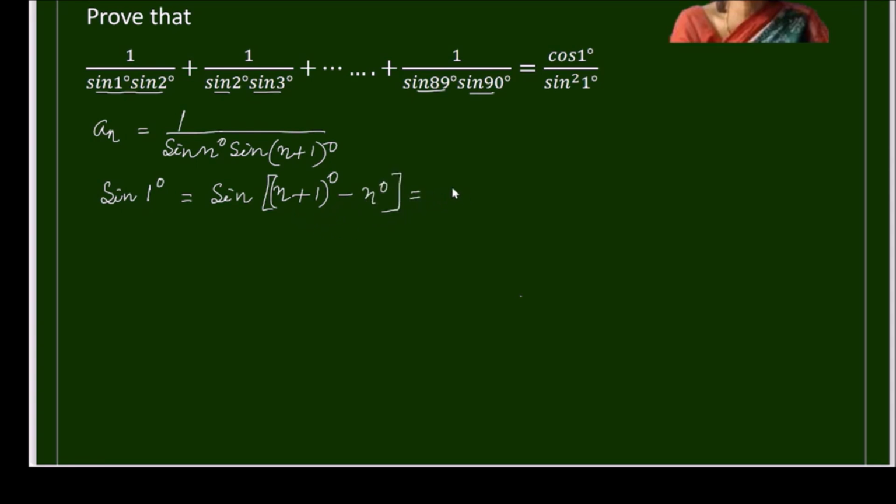Now if you expand this using the formula, I'll get sine n plus 1 degree cos n degree minus cos n plus 1 degree into sine n degree.